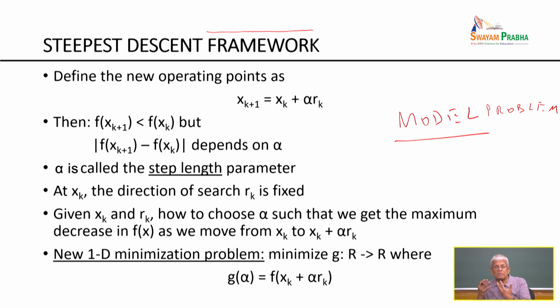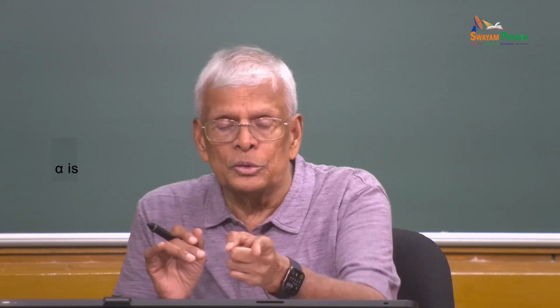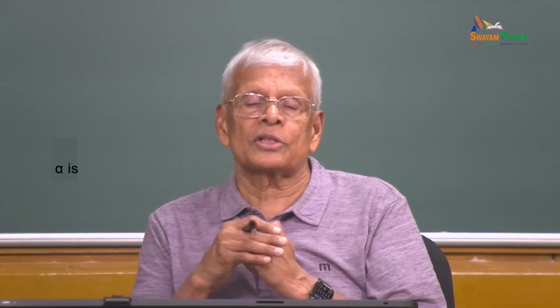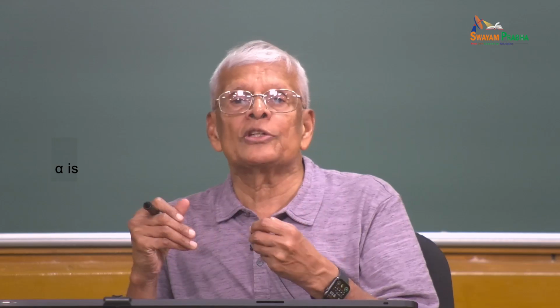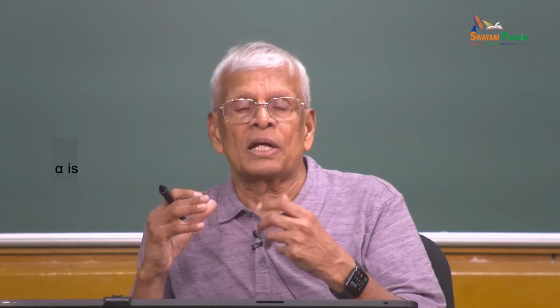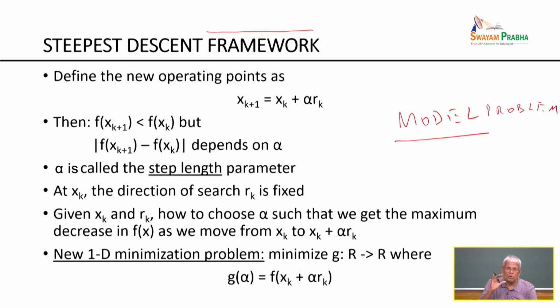The residual is a measure of how far I am away from the minimum. At the minimum, the residual is 0. So, I am going to use the residual not only to find the next search direction, but also to decide how far I need to go to be able to say I am converged. So, the multiple roles played by the residual.